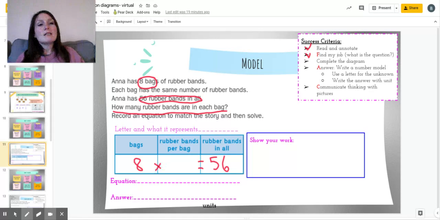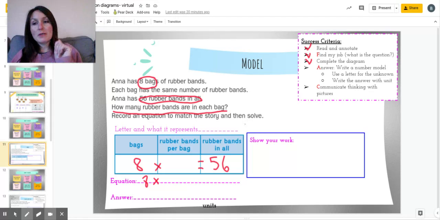Now that I completed the diagram, to find my answer for my number model, for my equation, I'm going to put 8 times, and then it says I need to write a letter for the unknown. Just like I showed you before, it had the letter B. That was the unknown.